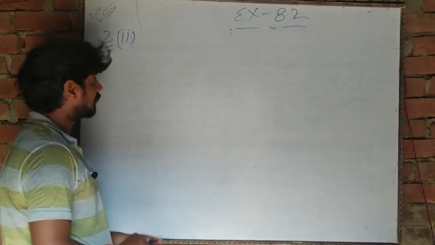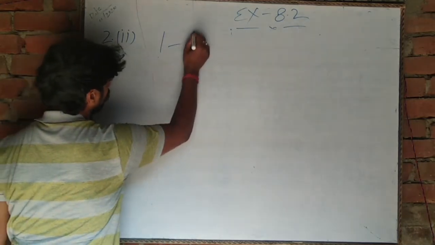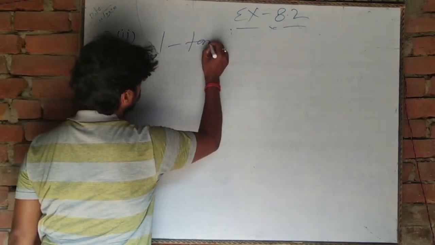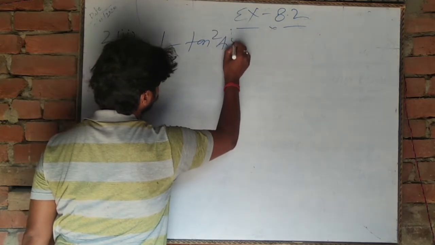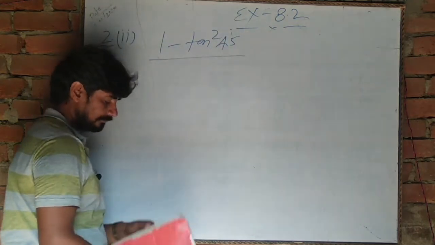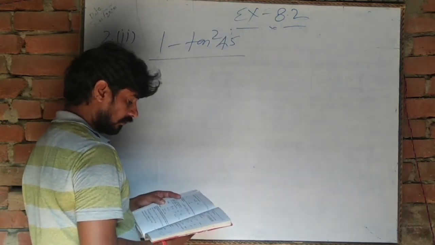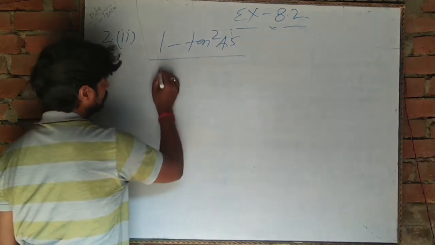Second, 1 minus tan square 45 degree by 1 plus tan square 45 degree.